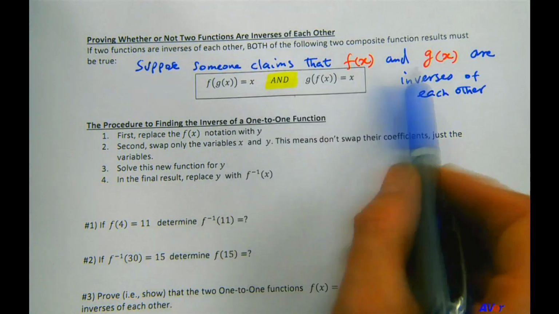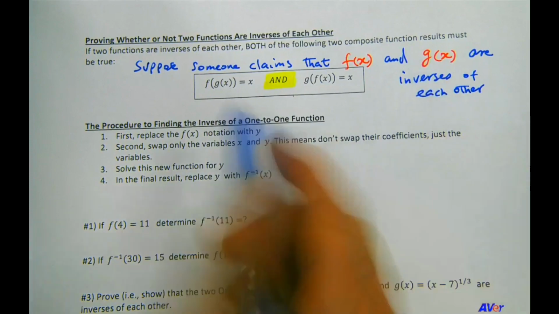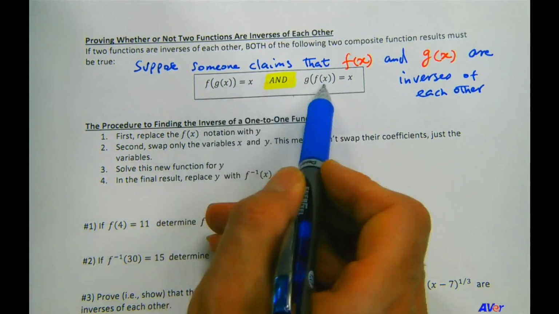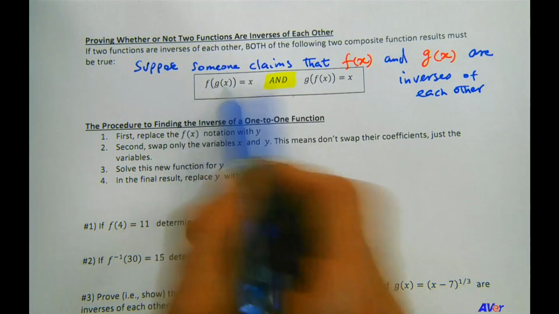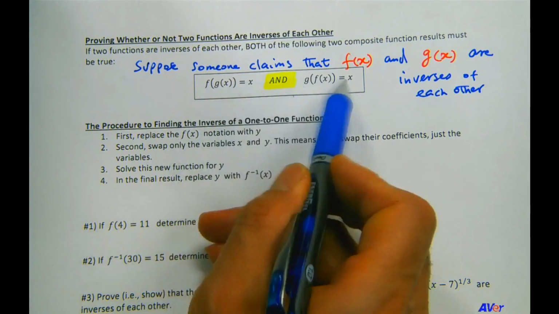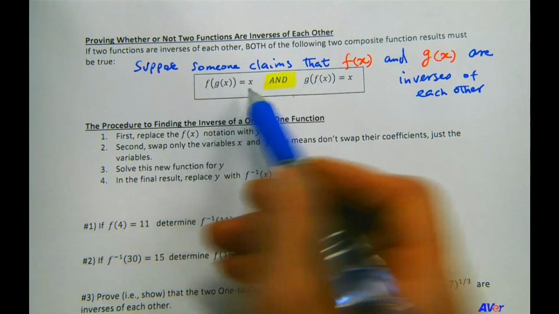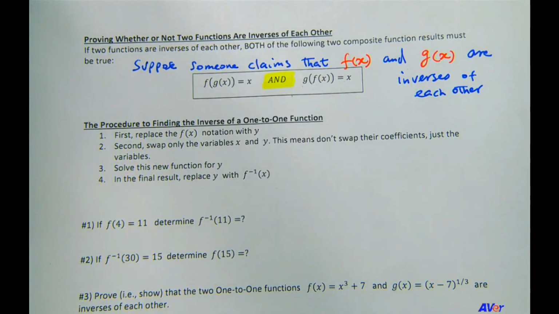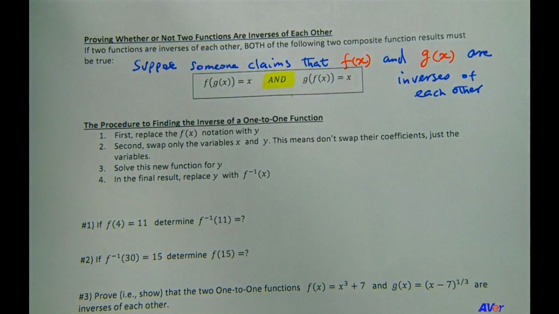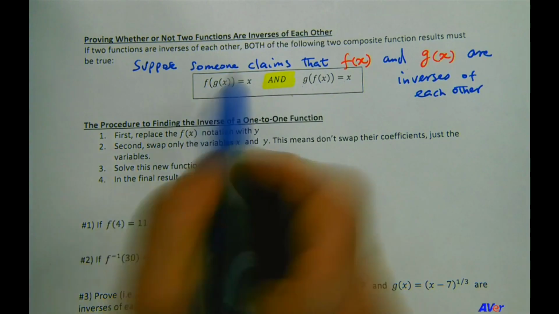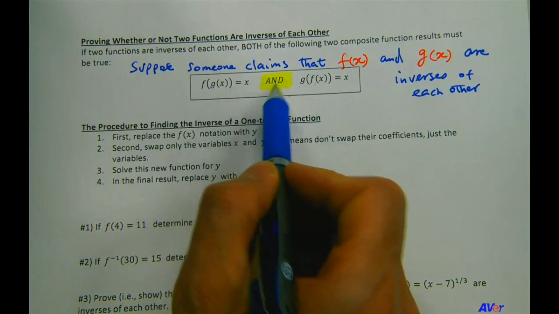If two functions are inverses of each other, then if you take the composite function in both directions, f of g and g of f, in both situations you must obtain x. Always x, always. The terms should cancel out, and you must simplify the result to x.